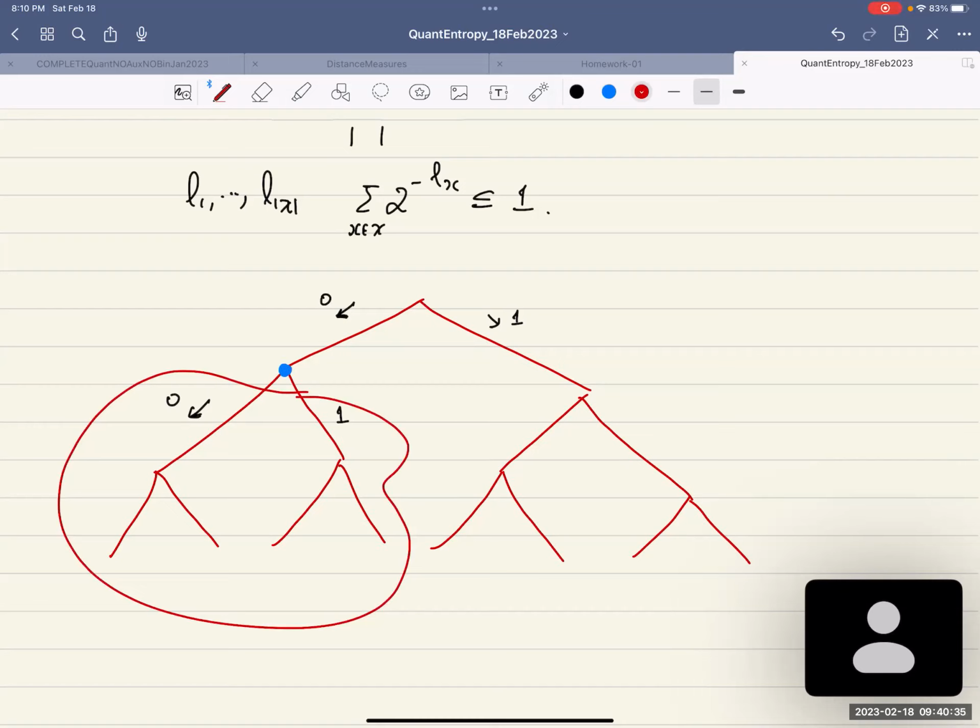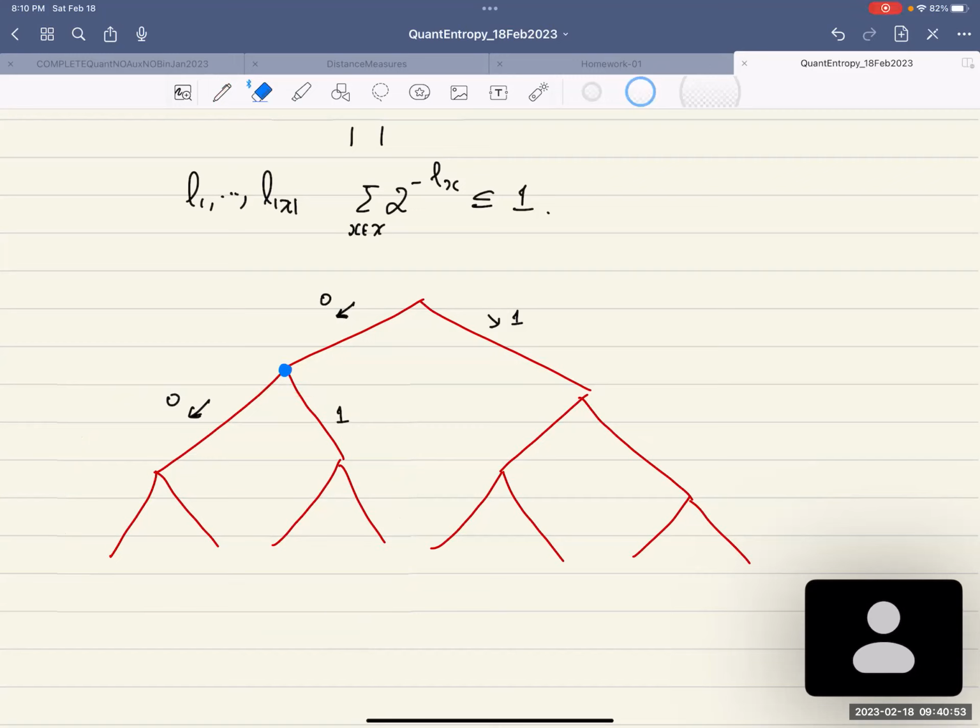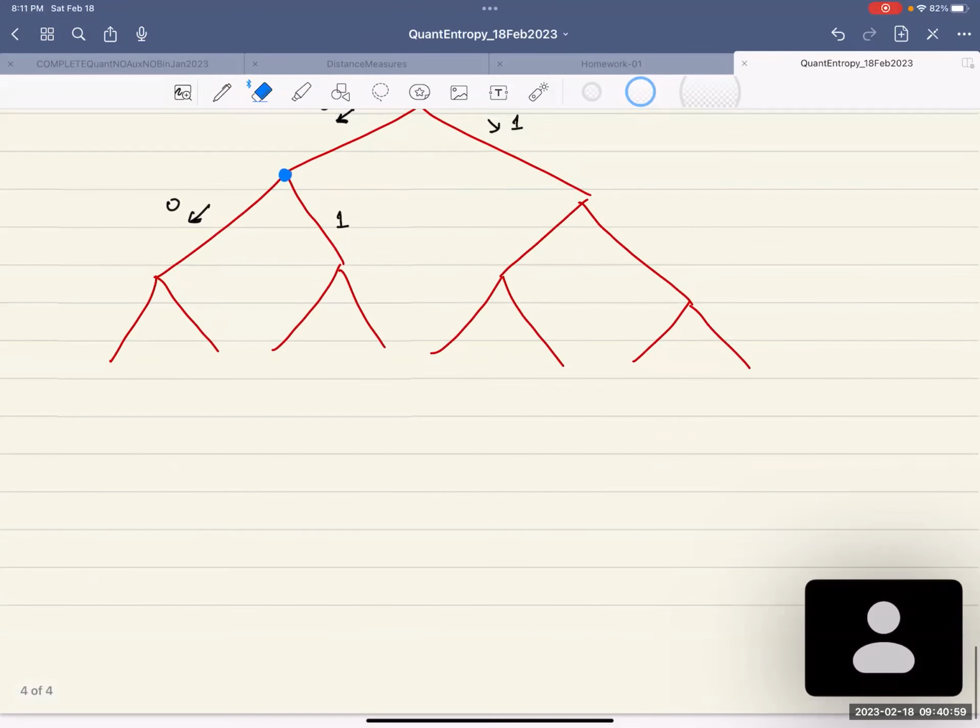By just counting how many you throw out, you can show that you will get a prefix free code. So essentially you're pruning the tree, and the lengths of those prunings are the lengths of this prefix free code. I'll do the proof at a later point. It's not difficult.